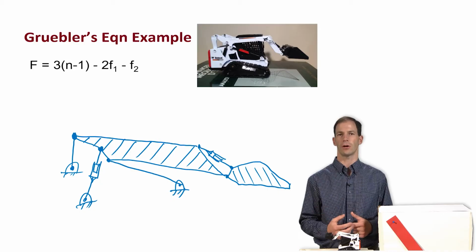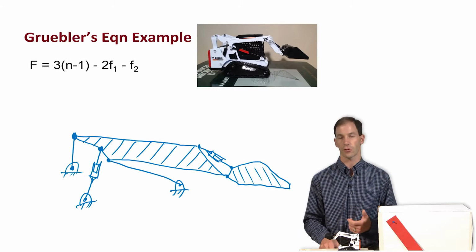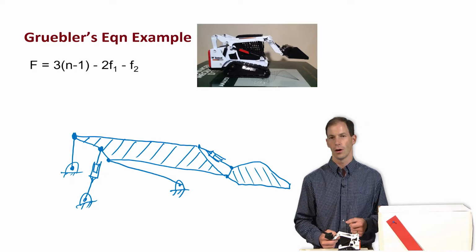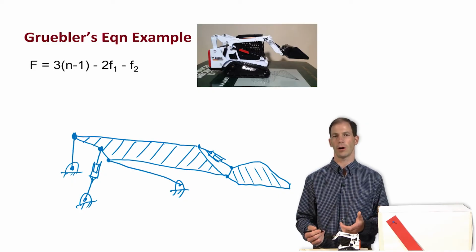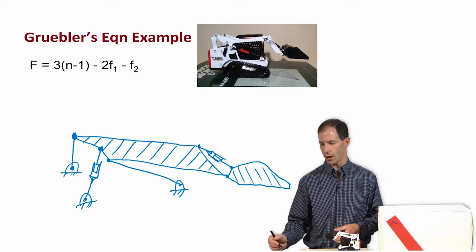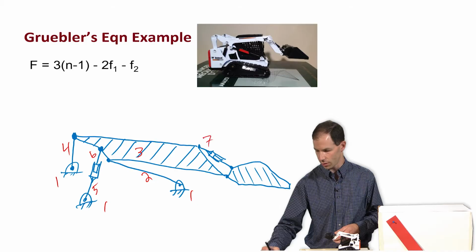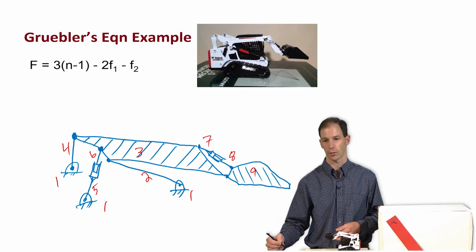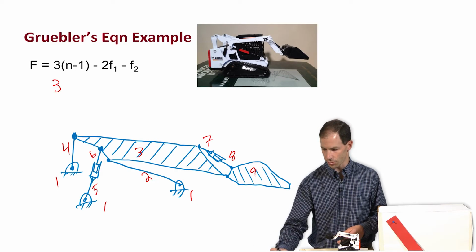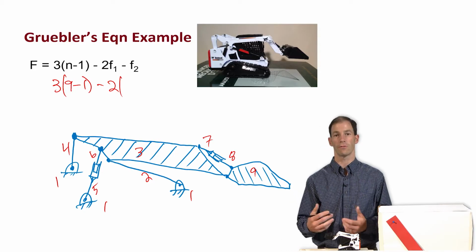But I'm going to now do a Grubler's equation analysis of this to determine how many degrees of freedom it has. So we had previously counted up the number of links that I have, and we had decided that I have 9 links. Again, ground being 1, and then I had 2, 3, 4, 5, 6 being that side of the cylinder, 7, 8, and 9 being the bucket. So as I write this out, I get 3 times 9 minus 1, and then I'm going to subtract off 2 times the number of full joints that I have.